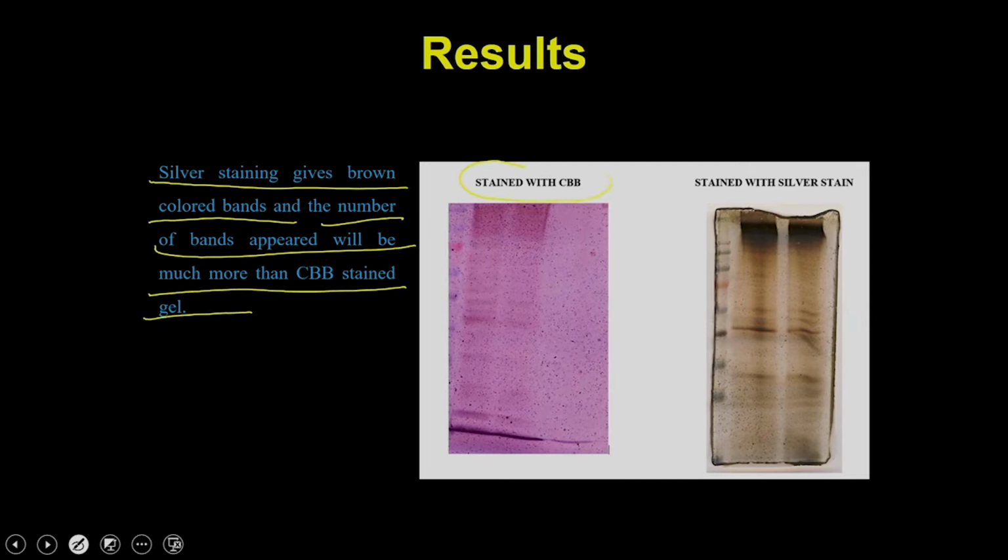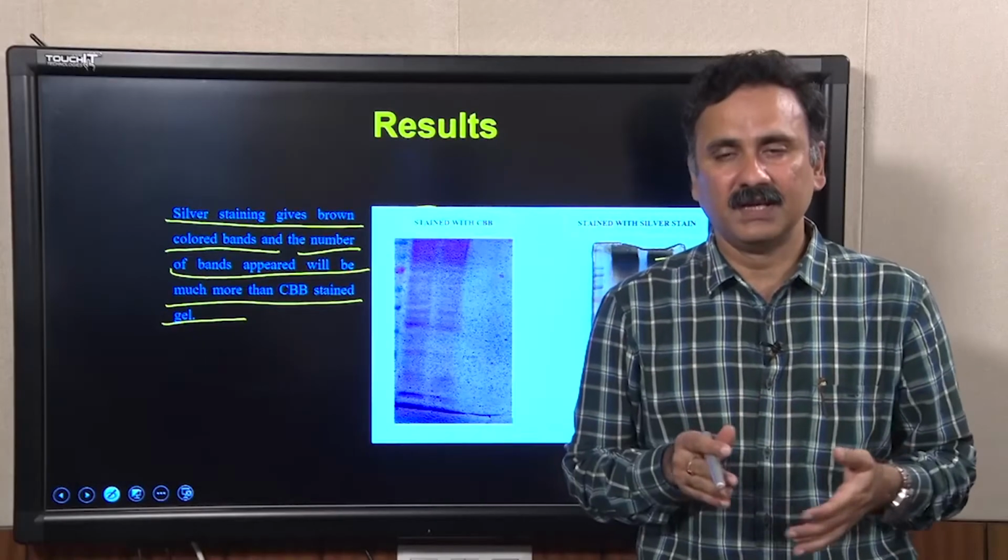These are the same identical gel stained with Coomassie Brilliant Blue as well as with silver staining. The number of bands is very little compared to the number of bands appearing in the silver staining. All these bands are brown in color, and they are much more in number compared to the Coomassie Brilliant Blue stained samples.